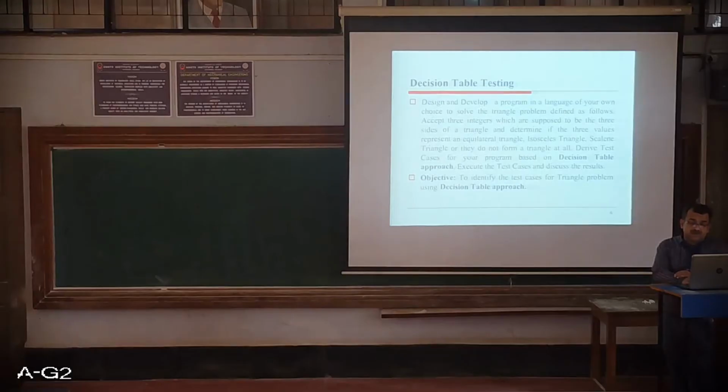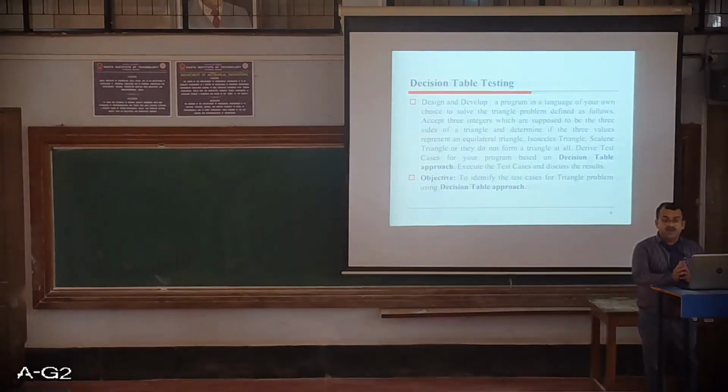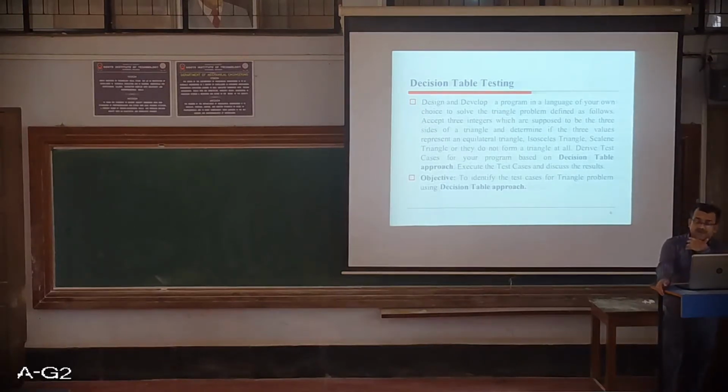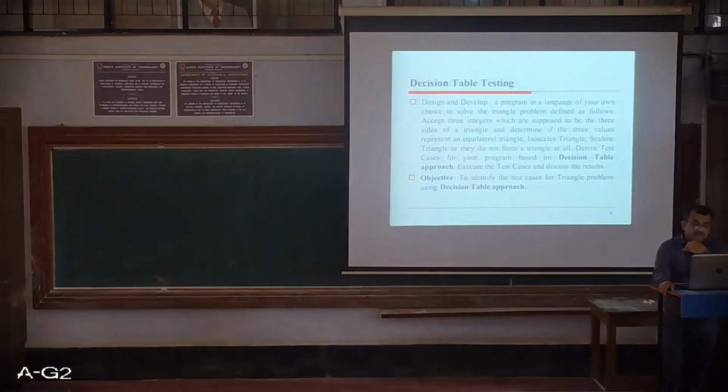So this next example is basically about solving the triangle problem. What is the triangle problem? The triangle problem is that we take three inputs, three positive integer values, say A, B, and C, and from those three values, we identify whether a triangle can be formed or not.